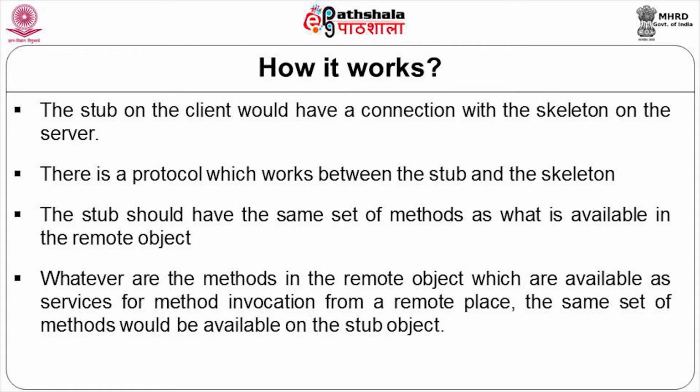Fine. So one thing needed here is that the stub should have the same set of methods as what is available in the remote object. Yes, we'll see how exactly this is going to be achieved, but at this moment what we need to know is that whatever methods in the remote object are available as a service for method invocation from a remote place, the same set of methods would be available on the stub object.